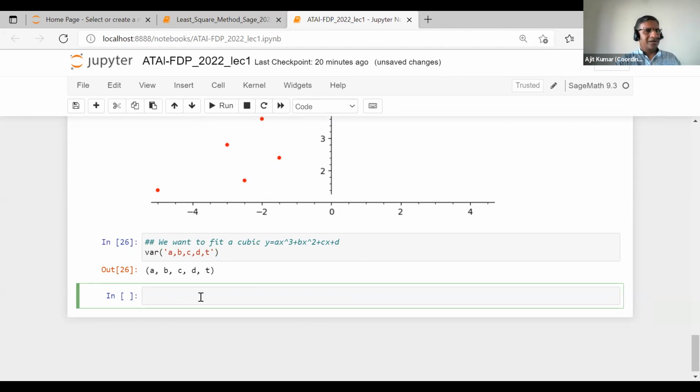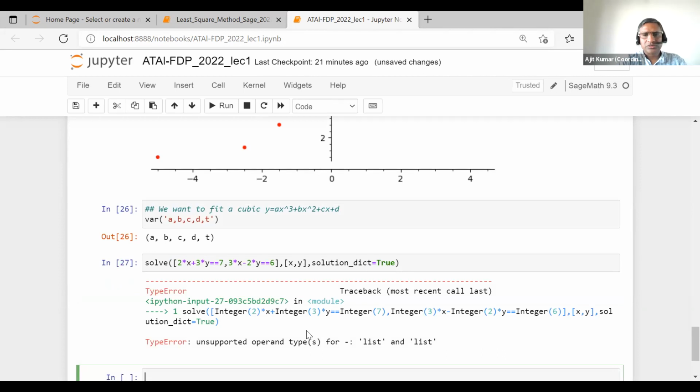So for example, if I want to solve, let us say, 2x plus 3y is equal to 7, and 3x minus 2y is equal to 6, with respect to x and y, and let me also put solution_dict equal to true. Oh, x and y I have already declared.